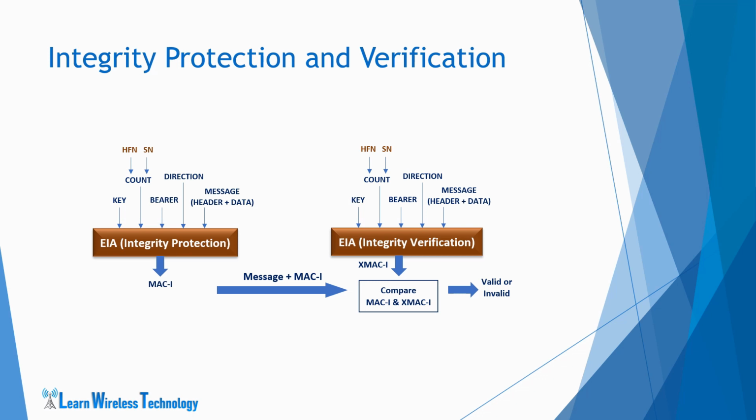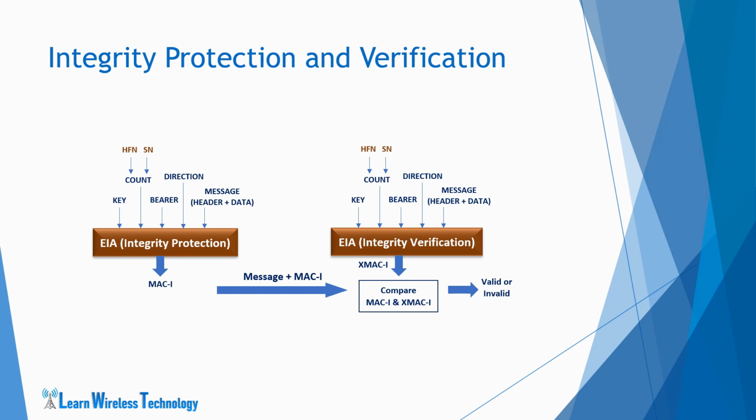So this figure explains the integrity protection and verification operation. At the transmitter side, the signaling message is passed through the integrity protection algorithm. Using the integrity key along with the rest of the parameters as an input, the algorithm computes a 32-bit integrity field referred as MAC-I and appends this field to the message.